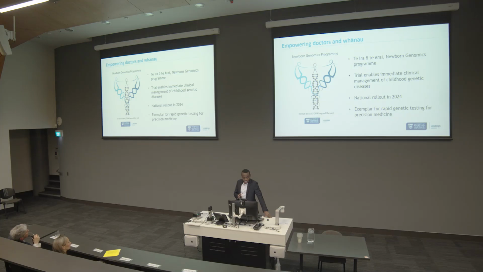And what they have shown is that once you identify a result of a genetic test, you can change the clinical management of over 70% of these critically ill newborns, which means less hospitalization, less invasive tests, and the most important thing is that they will have access to life-saving medication.